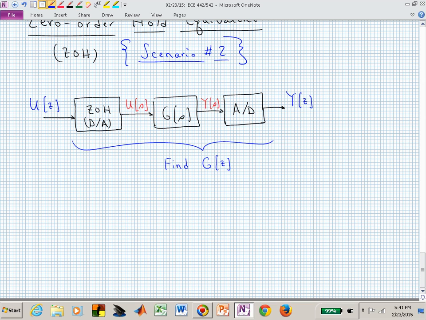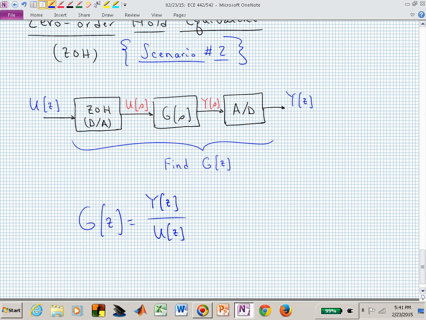From G of s we want to produce an output, Y of s, that we will sample to produce this digital sequence of output values that will be Z-transformed to produce Y of z, such that G of z, when all is said and done, gives us a relationship between the output Z-transform and the input Z-transform, or their ratio.